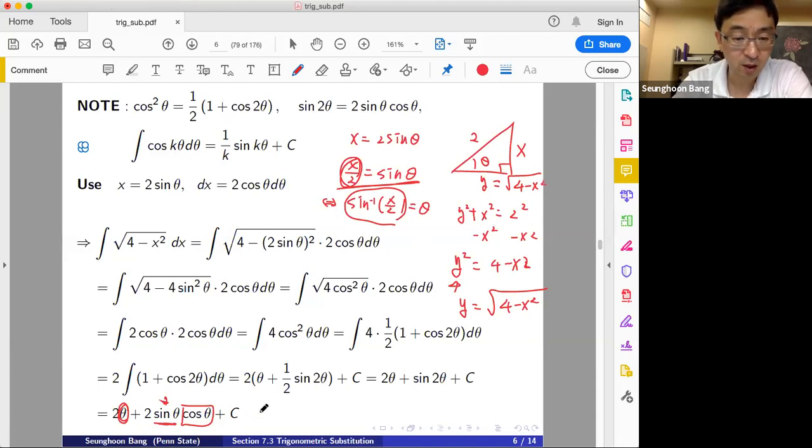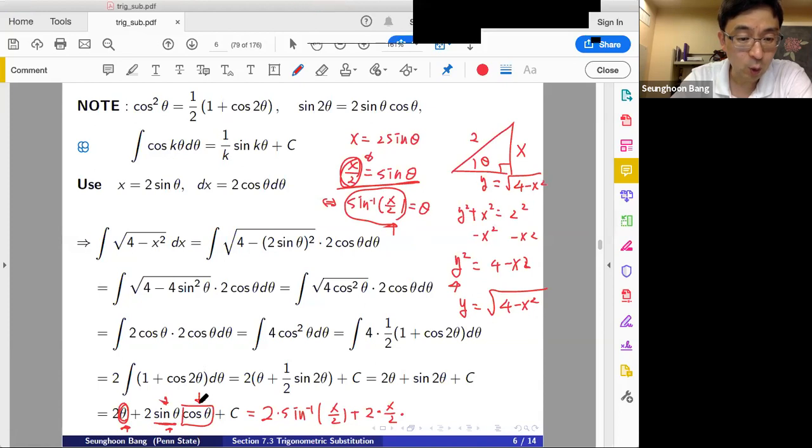So what is the answer? This is the same as 2 times theta, which is the inverse sine of x over 2, plus 2 times sine theta, which is x over 2, times cosine theta.